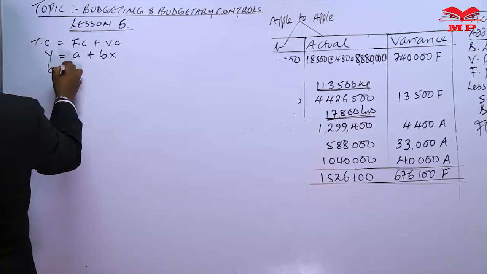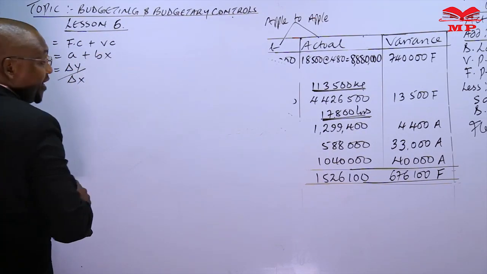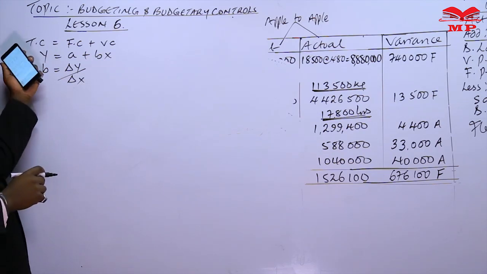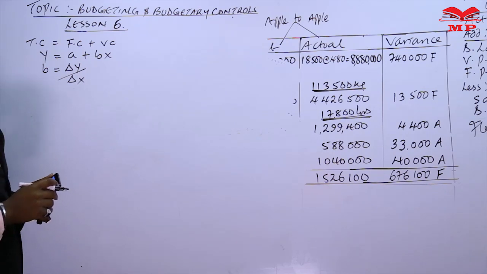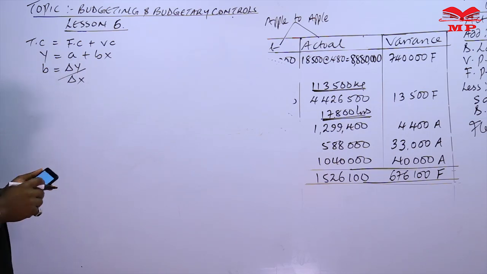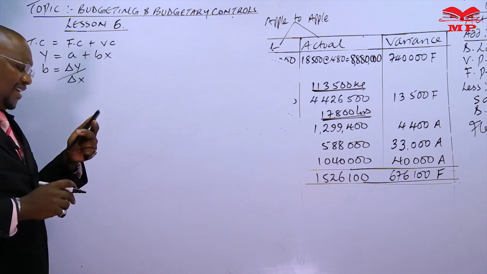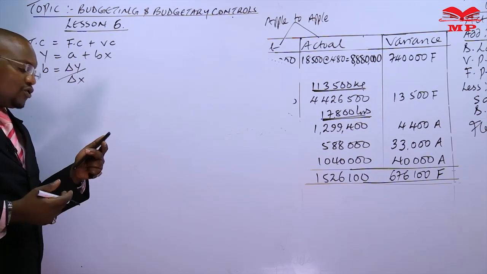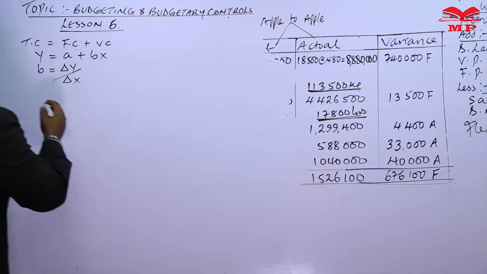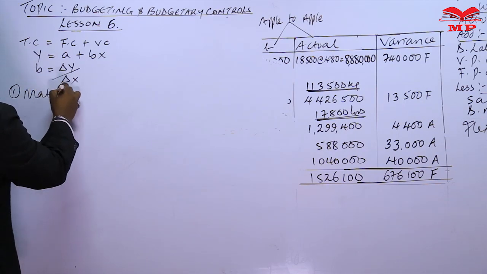So b is the change in y over the change in x, which in our case, y is the total cost, while x is going to be our number of units. So we choose the 30,000 and the 36,000, that to be the lower and that 36,000 to be the higher. So that means, if we do it for the material cost, this is materials.